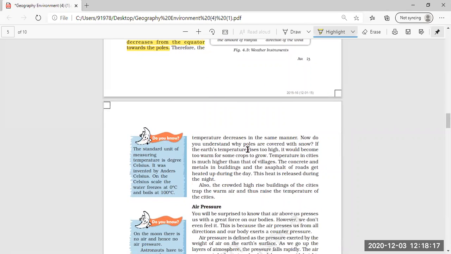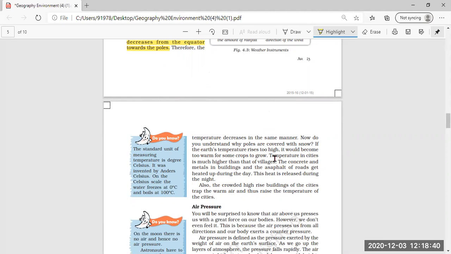Now the temperature decreases in the same manner. That means, as we have read here, as we move away from the equator and move towards the pole, the temperature decreases, and thus it becomes colder and colder. Now do you understand why poles are covered with snow?